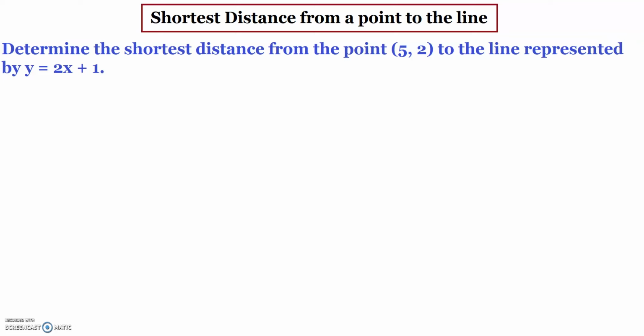So first we're going to find the negative reciprocal of the slope, which is given for this line.